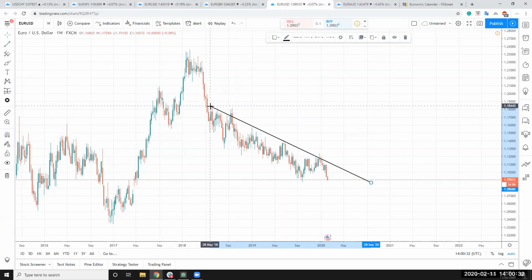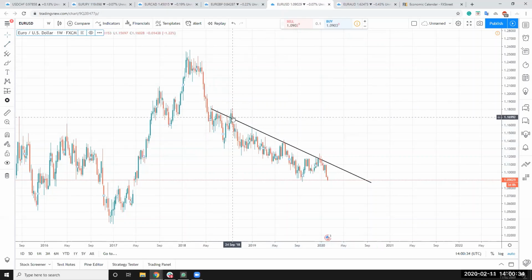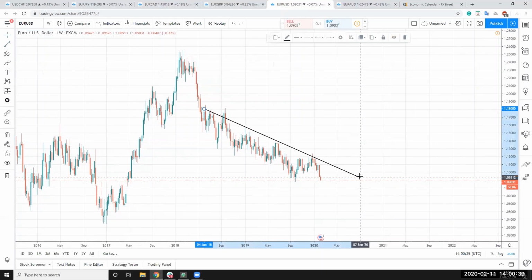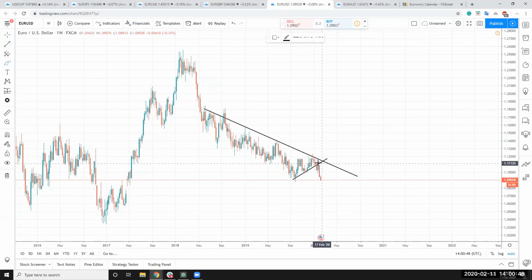Also do this like this. This counts, but it's a fake out, but it also counts. Then it will line up these points. We had a retest. Simple trade.